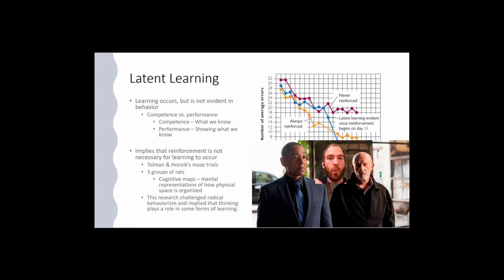Well, once the reinforcement began on the 11th day, after watching the other group of rats, that group who's always getting reinforced, after they get reinforced one time, look how rapidly their errors decrease, because they already knew and had memorized the maze. They just didn't care enough to perform for the maze.